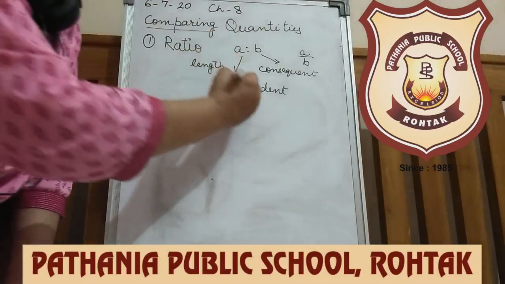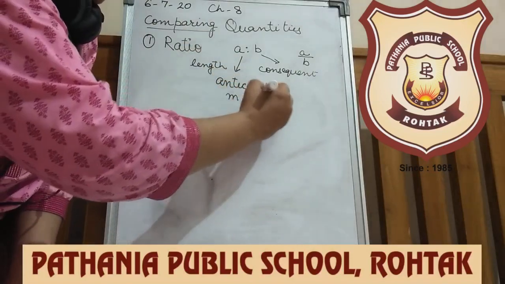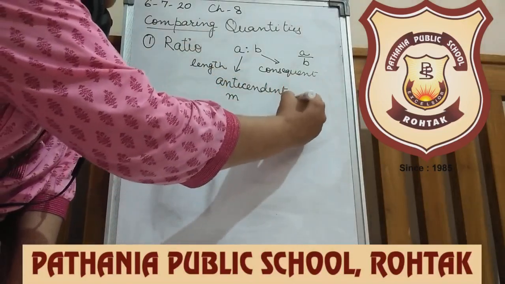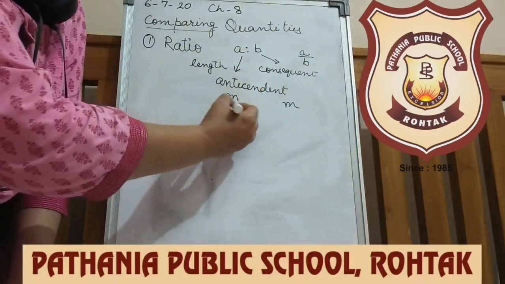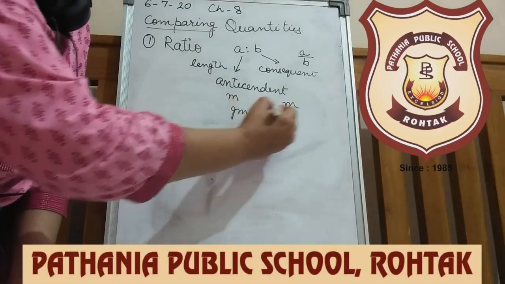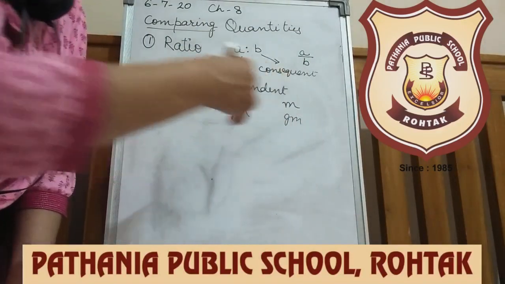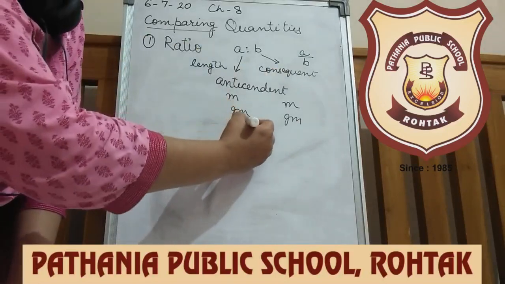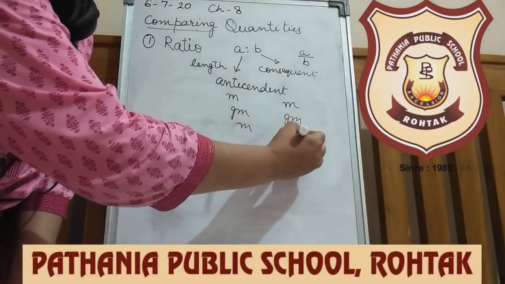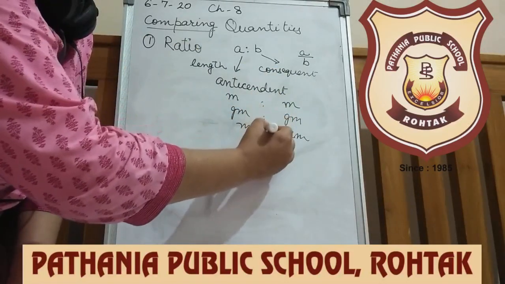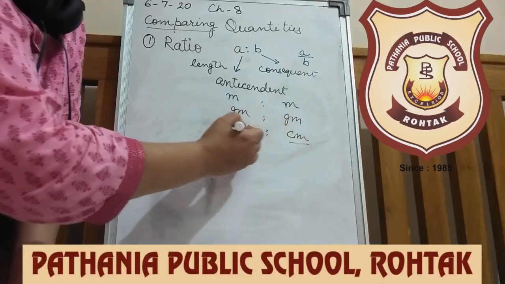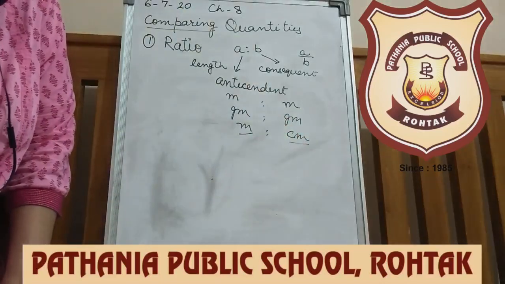And for both the quantities, if antecedent is meter, consequent should also be in meter. If it is grams, this should also be in grams. Suppose this is meter and this is centimeter, then you have to make them equal.